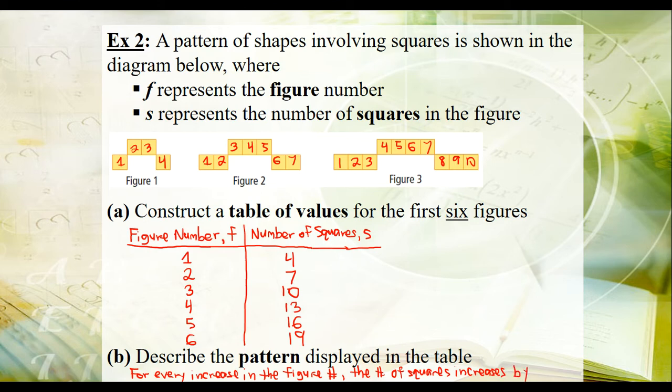And that's how we were able to fill in that table of values.